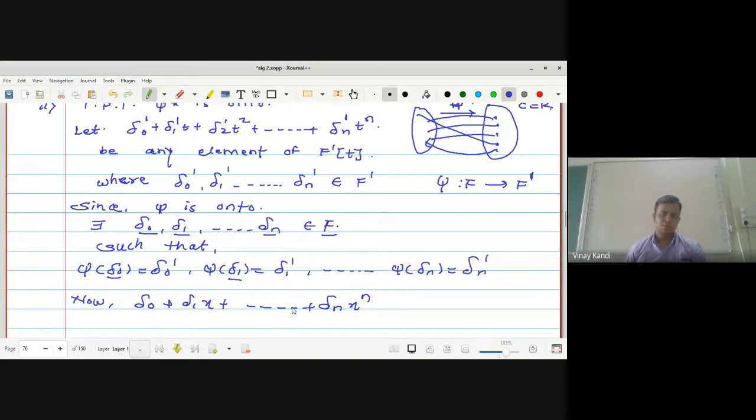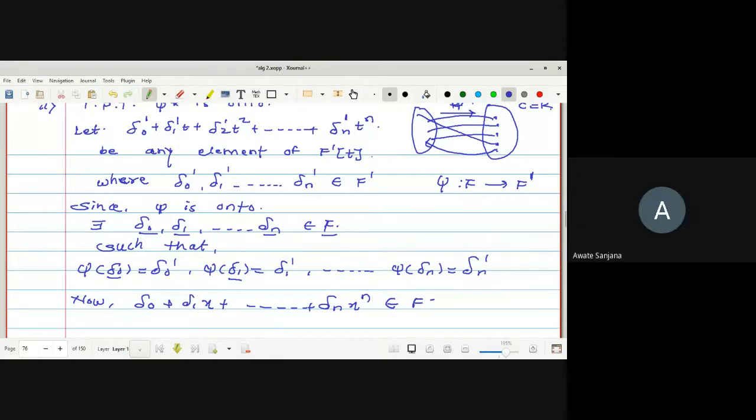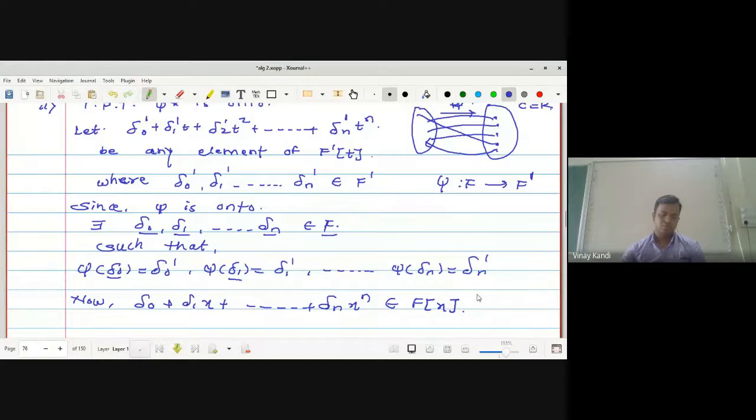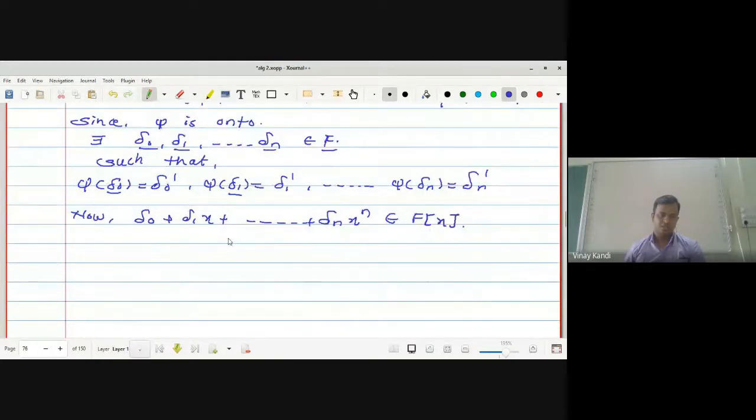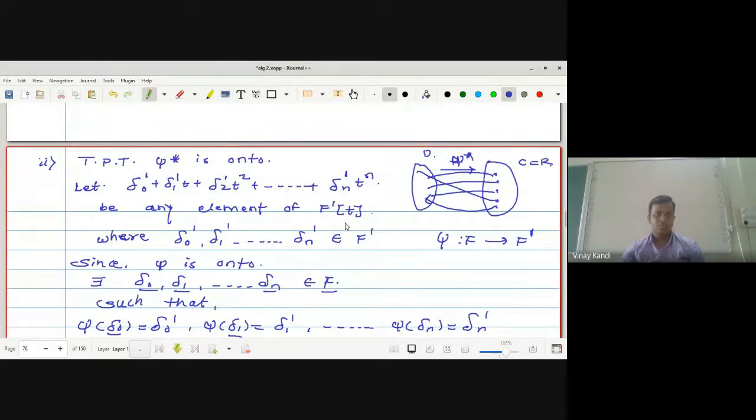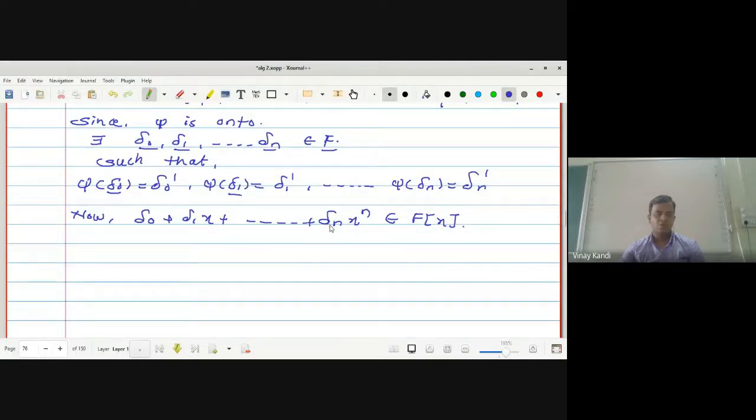Then this polynomial belongs to capital F of x. Hence we get, for any element from F dash of t, a polynomial in F of x.